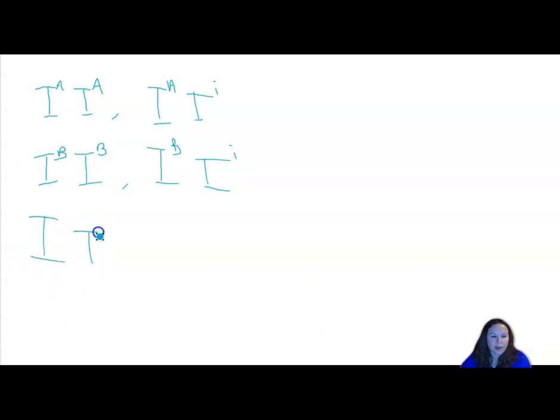Then of course, if you have type AB blood, then you get one of each. And if you have type O blood, I've seen them do this little i, little i. Right? So the problems would look the same. It's just that you've got that extra step of putting the I's in there and doing superscripts.